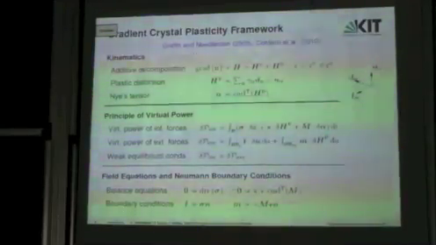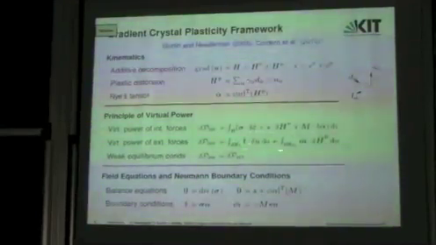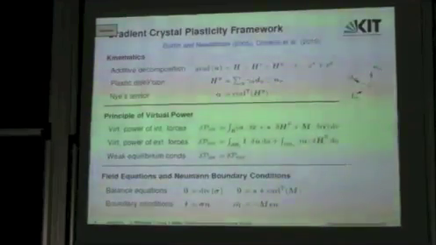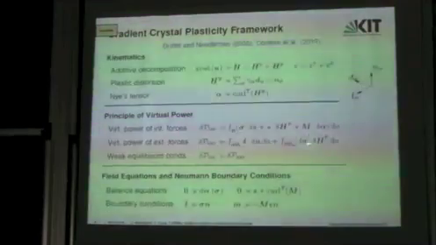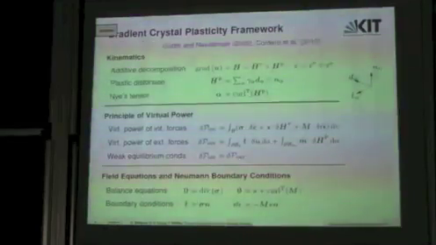And well, after some time you realize that this is not enough also for the virtual external power. You need to add a generalized term taking into account so-called, let's call it, microtractions conjugate to HP at least on the Neumann part of the boundary.